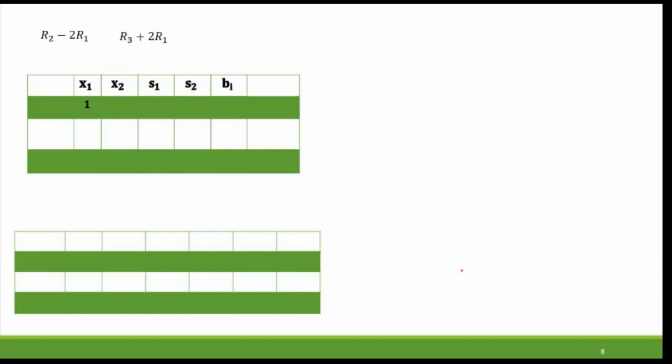First row हमको वैसे ही रखना है. Tell me what is the second row. Second row का first element क्या होगा? 0 है second row का.